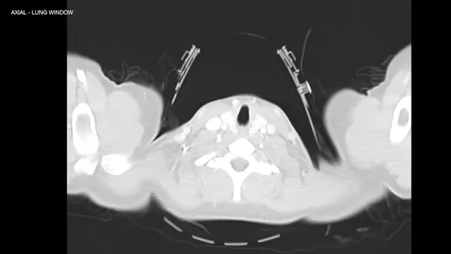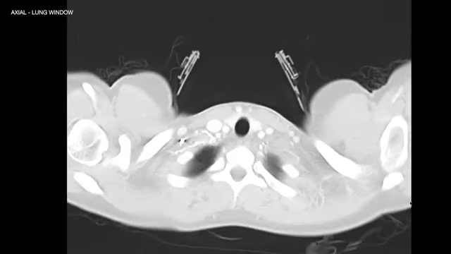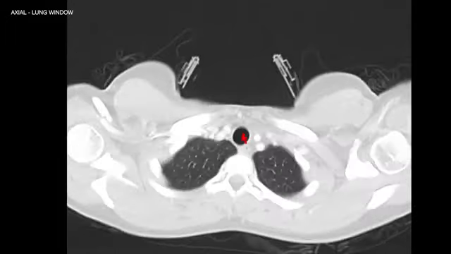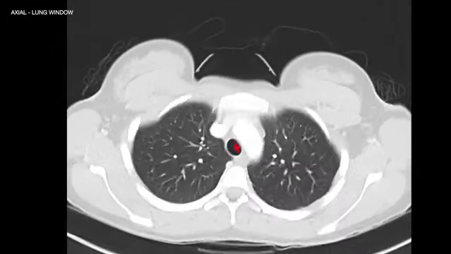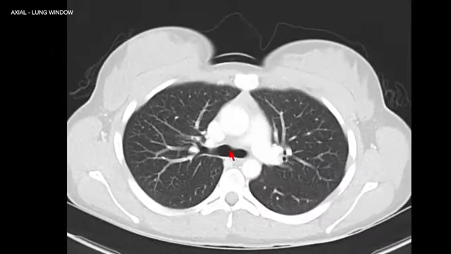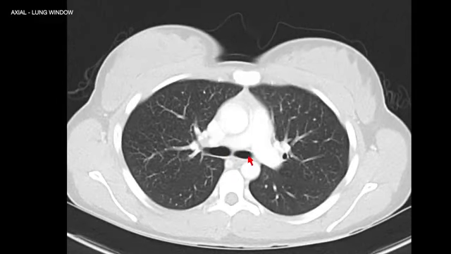Now let's look at the CT images on the axial plane using lung window so we can see the air-filled structures better. We start with the extrathoracic portion of the trachea going into the chest, comes down and bifurcates at the level of the carina. We have right and left mainstem bronchi.